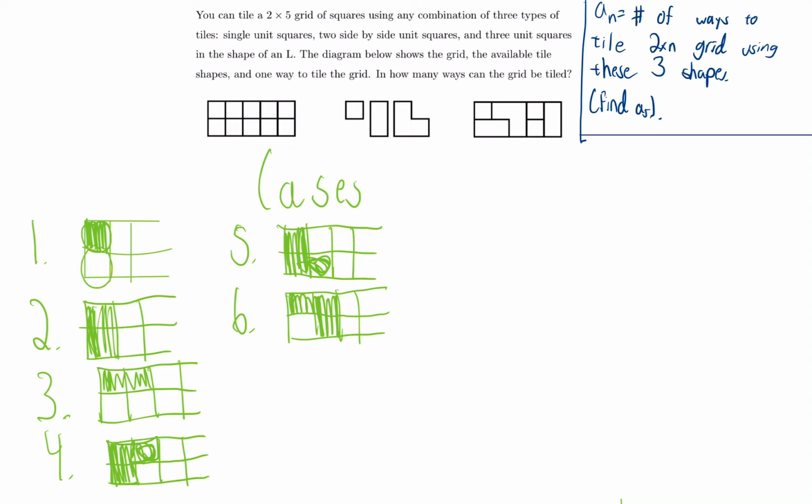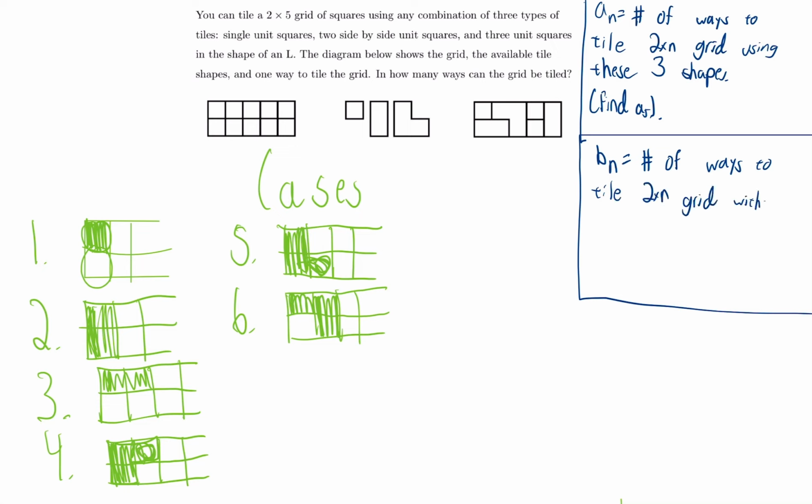So let's define a new recursion. B of n is equal to the number of ways to tile a 2 by n grid without 1 top left square using these 3 shapes.